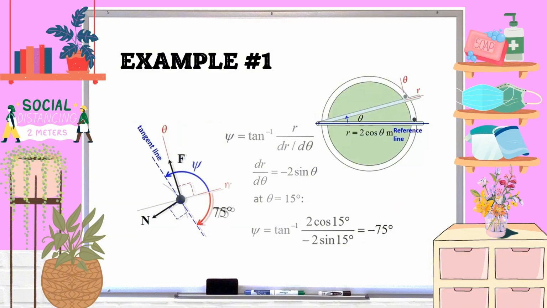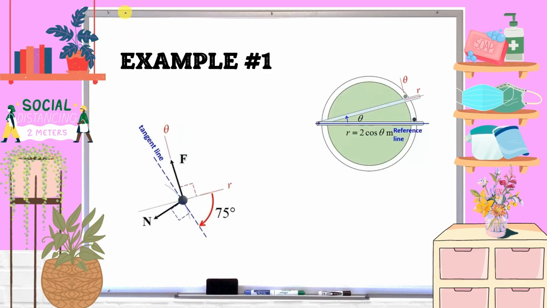So using this representation, we can now find all the equations of motion since we now have psi. From the equation of motion, we can now solve for the summation of force along r and the summation of force along theta. We will not use the summation of force along z, which is m a sub z, since our problem falls in a two-dimensional space.